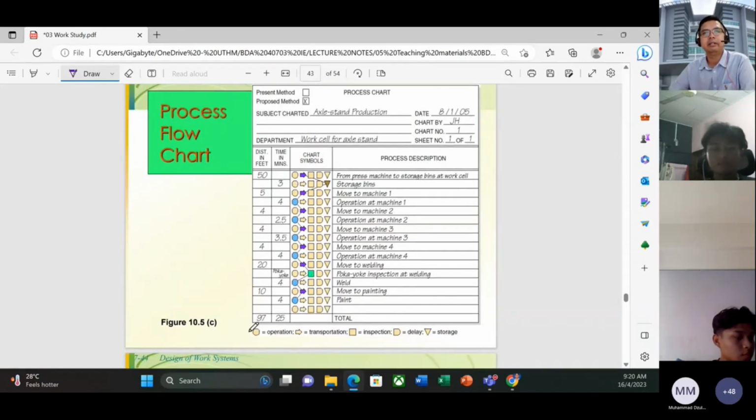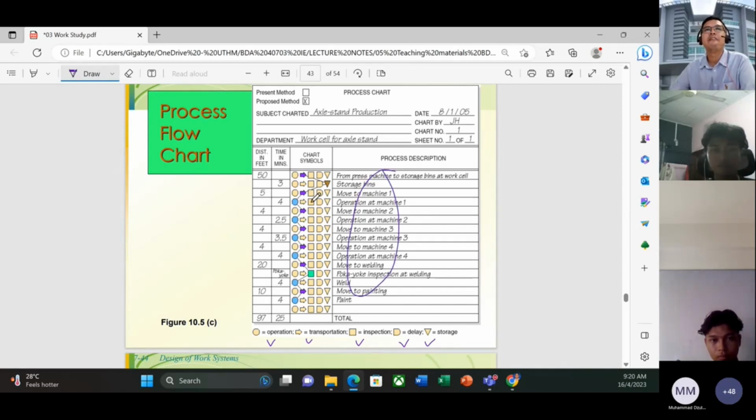The round one is operation. The arrow one is transportation. The square one is inspection. This one is delay. The triangle one is storage. So we have to plot here, one to here, to here, to here, based on our job description.